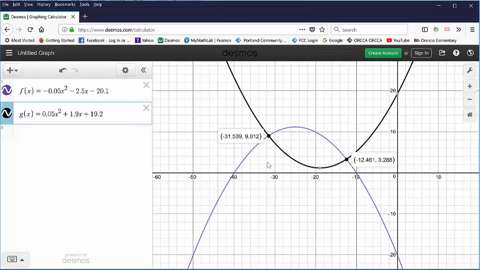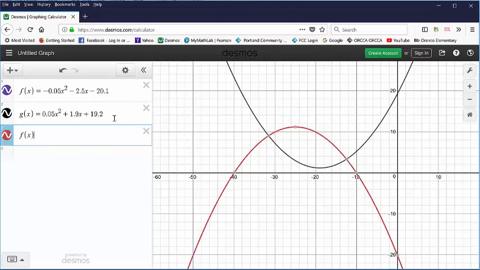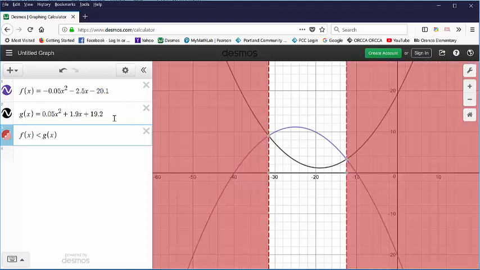And we want to know where the first one is below the second one. So the purple one is the first one, and we want to know where f of x is below g of x. That was the question. So where is the purple graph below the green graph?